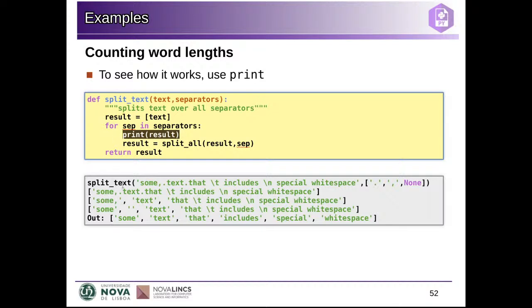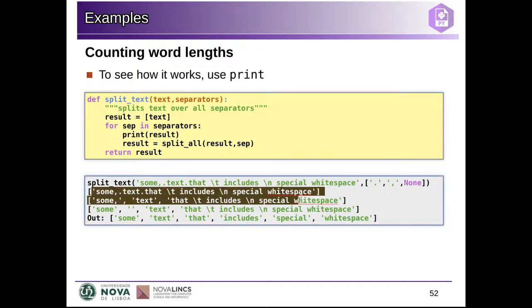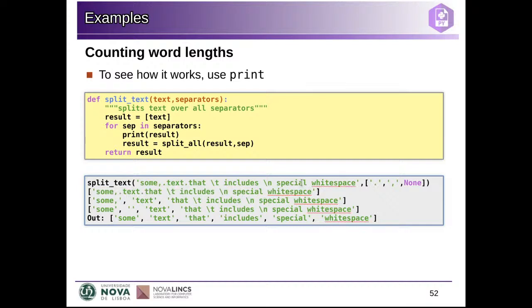So first we start with a list that has only the original text, and this is sent to the split all function with the first separator, which is the period there. So now result will be a list with the fragments obtained from the initial string by breaking wherever we find the period here.